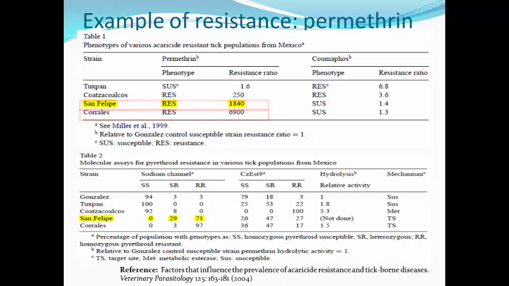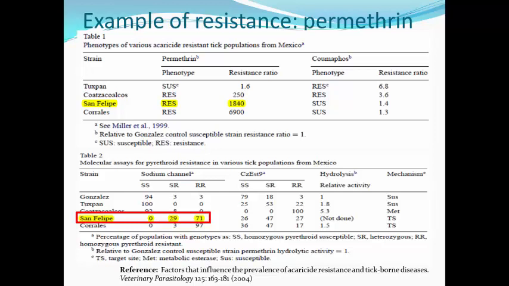If you now look at the table below, you will notice that for the most resistant strain, which is the Corrales, 97% of the individuals carry the gene mutation that confers the highest level of resistance, with only 3% being heterozygous. For the San Felipe, which is in between the other two in terms of resistance, there are a few more heterozygous individuals, 29%, and 71% are all resistant.